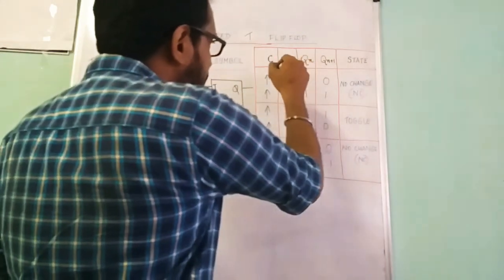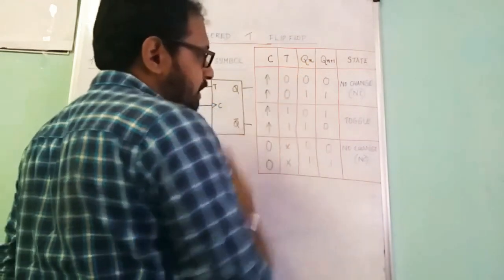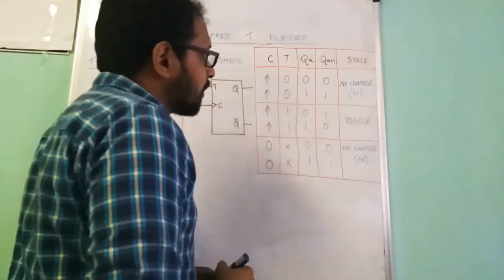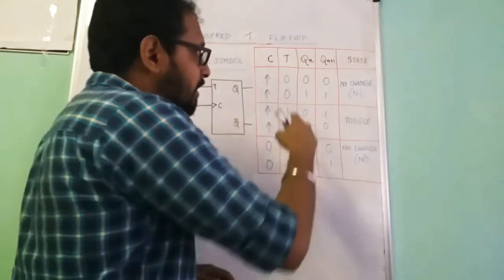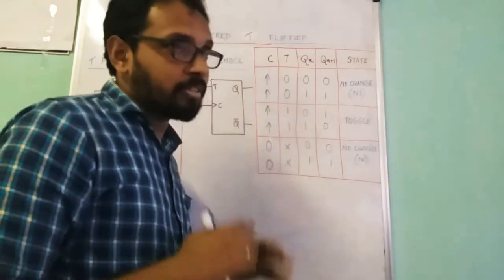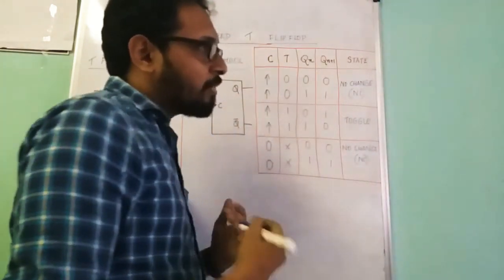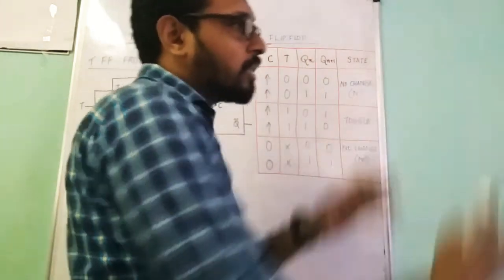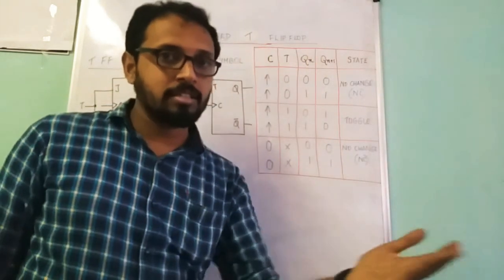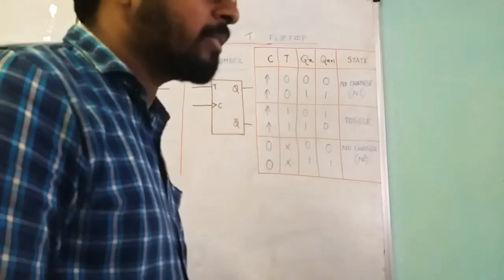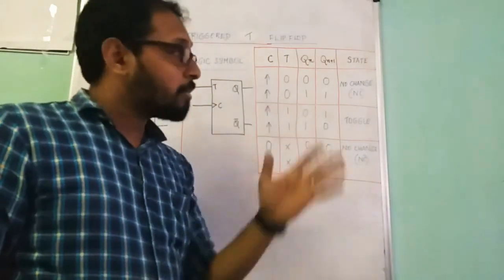When the value of T is low, that is 0, whatever values we have already received will be presented to the next state as well, so the next state will also be the same.